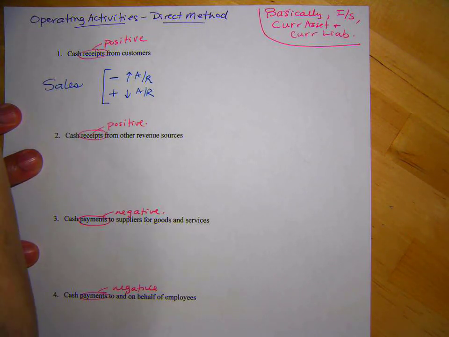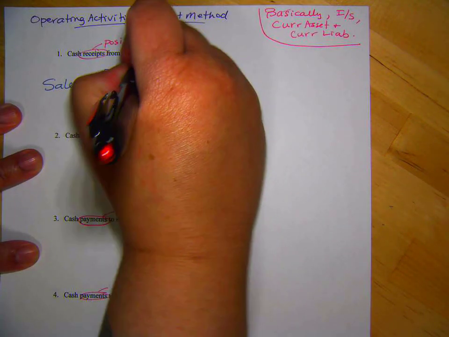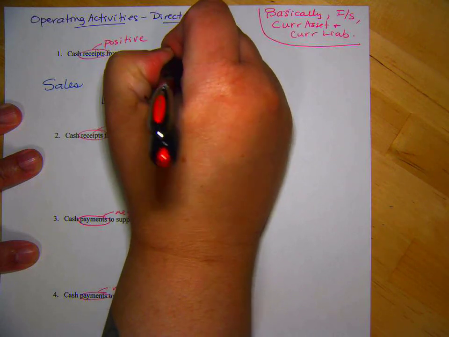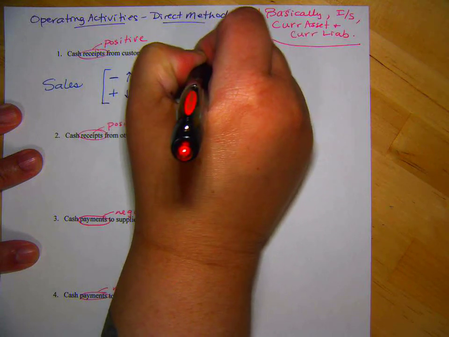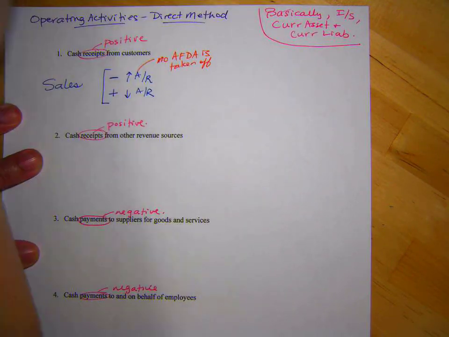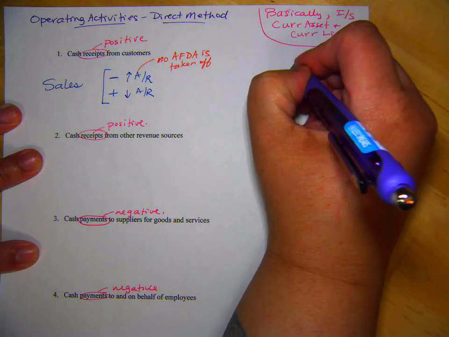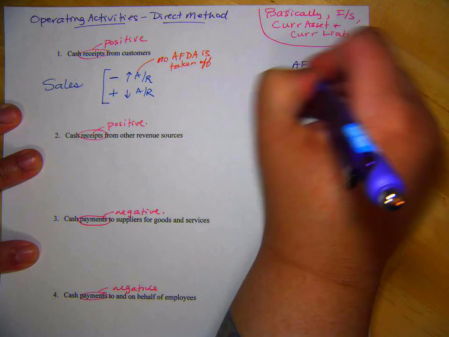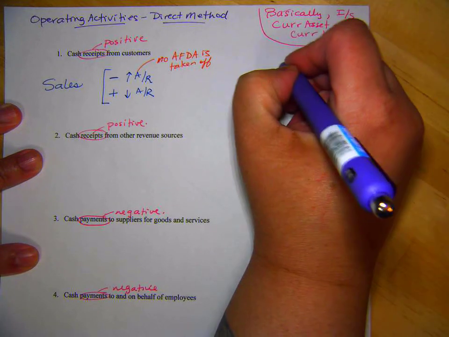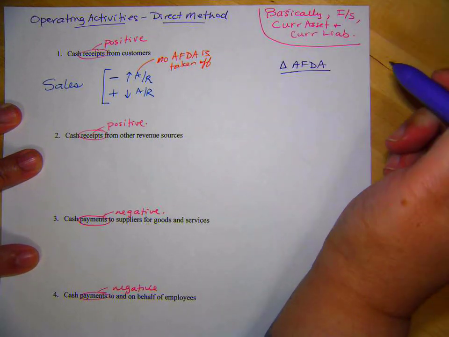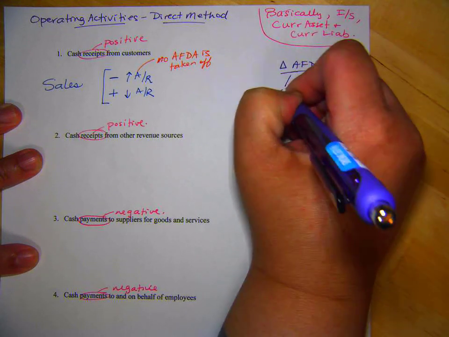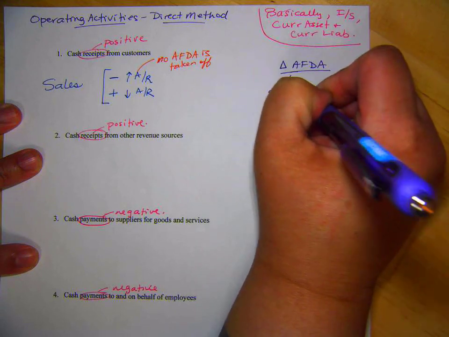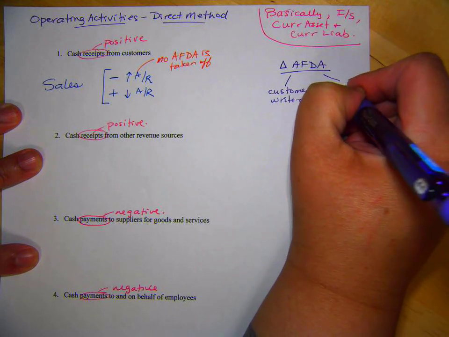Now, make a little note to yourself. No AFDA is taken off. So we're going to treat AFDA separately. And the way we do that is AFDA over here, it's kind of made up of 2 pieces. So the change in AFDA is what we're interested in. And it's either going to come from customer write-offs or it's going to come from bad debts.